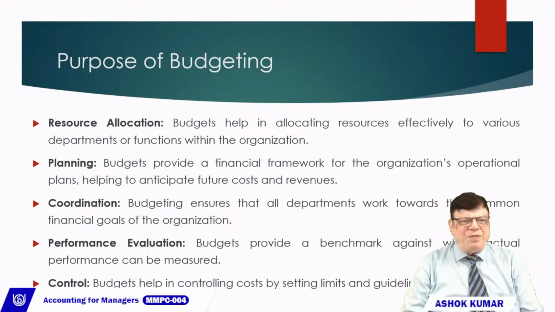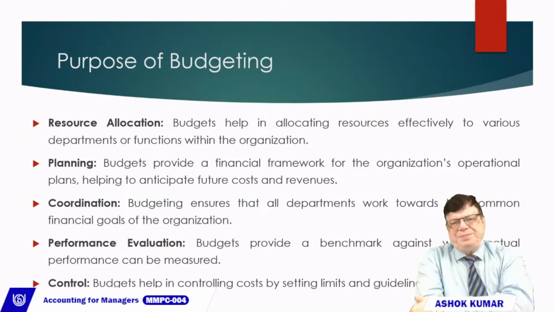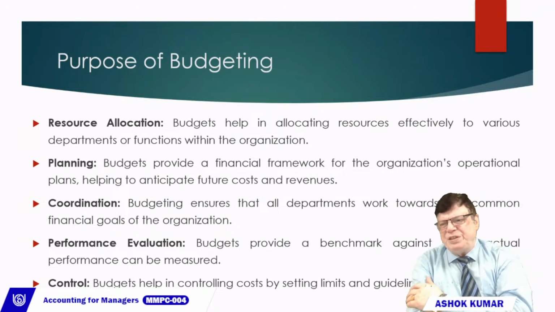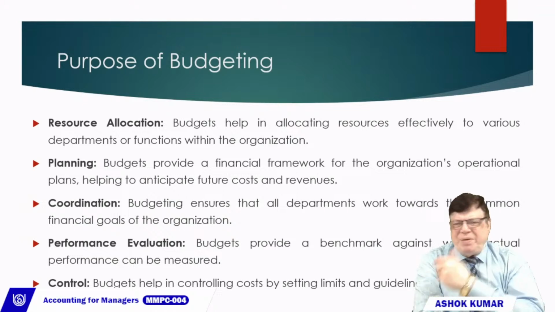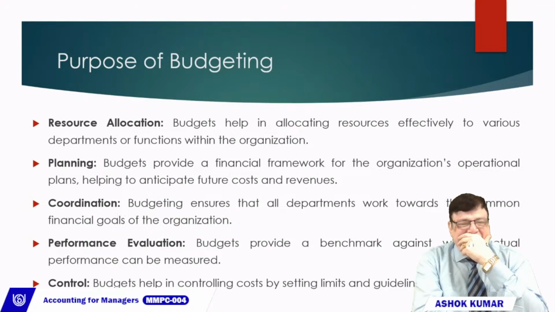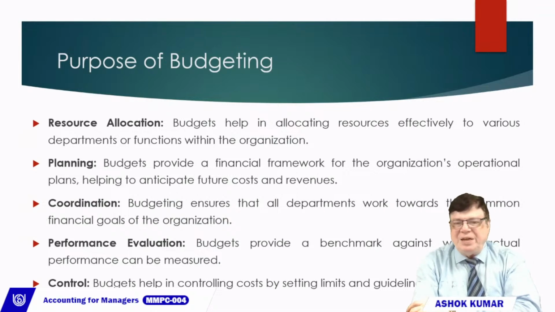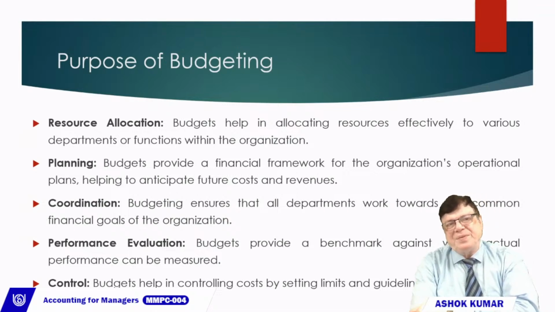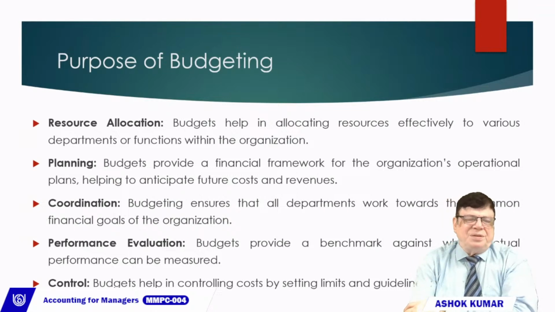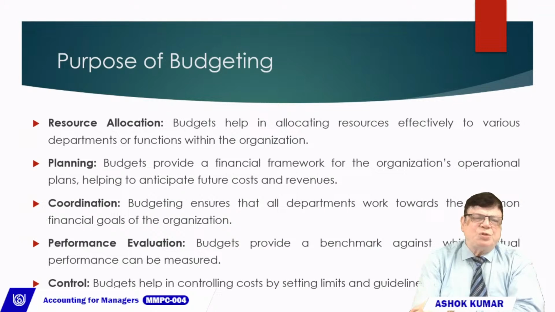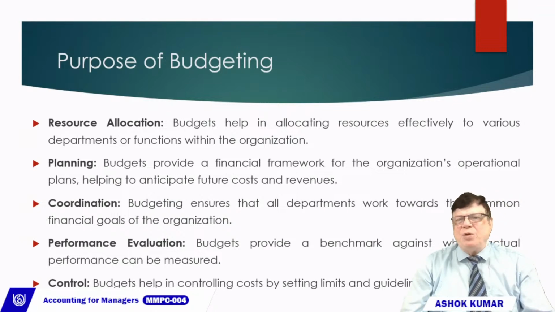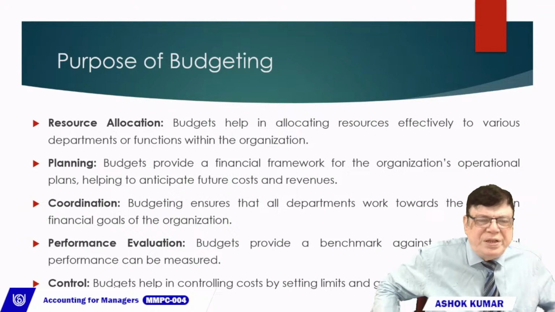Then next is performance evaluation. Budgets provide a benchmark against which actual performance can be measured. Then next is control. Budgets help in controlling costs by setting limits and guidelines for spending. So we have seen what the purposes of budgeting are. Resource allocation: budgets help in allocating resources effectively to various departments.